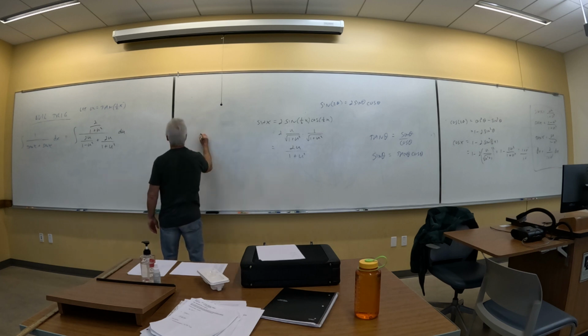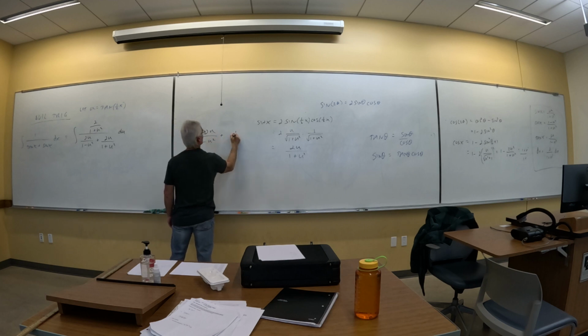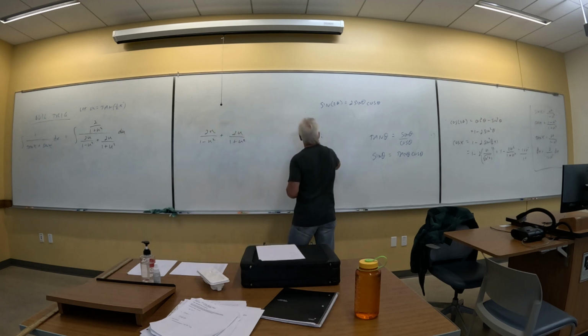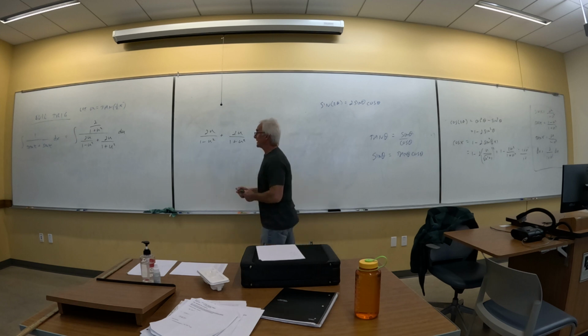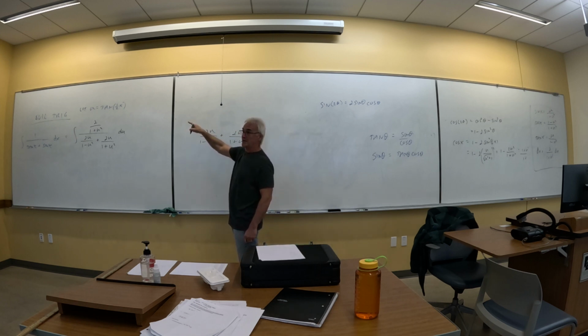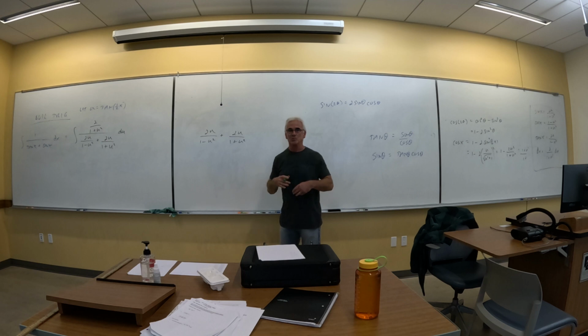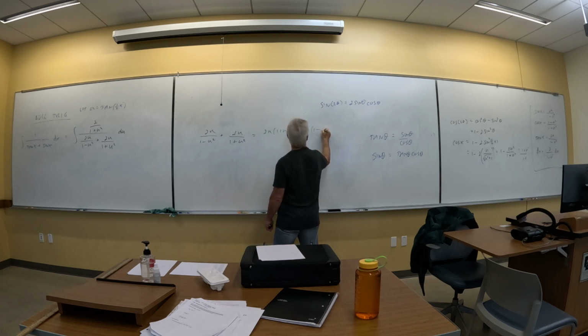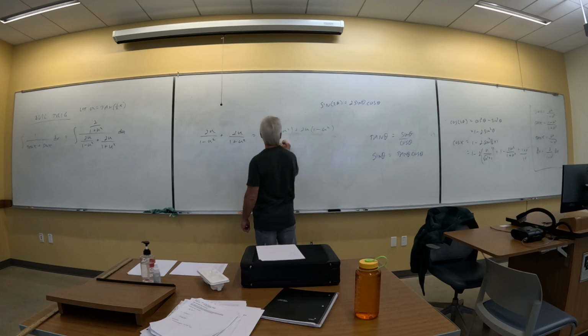So let's start with the denominator. I've got 2u over 1 minus u squared plus 2u over 1 plus u squared. So let's, yes, I can cancel one of the denominators with the numerator, but then I'm going to end up doing all the same work anyway. So if I put these over a common denominator, then won't this be 2u times 1 plus u squared plus 2u times 1 minus u squared all over 1 minus u squared, 1 plus u squared?